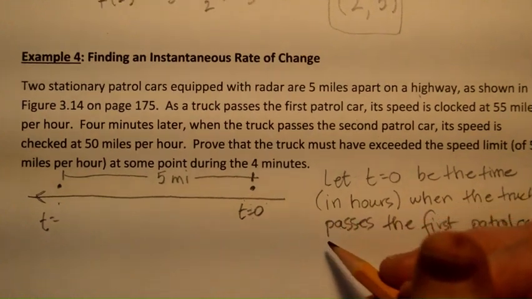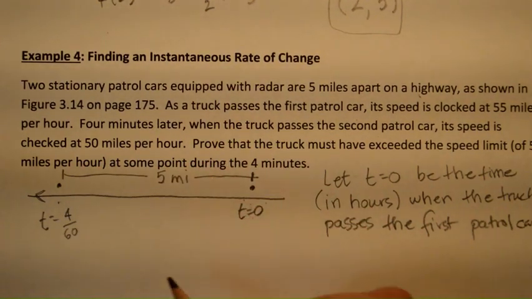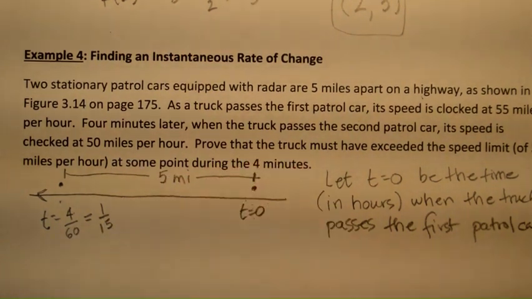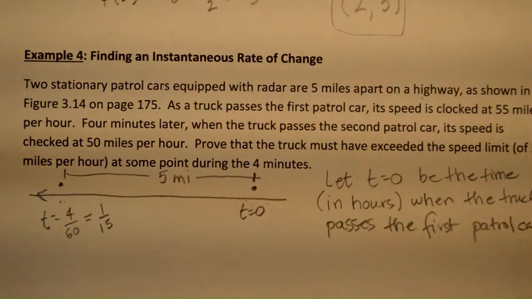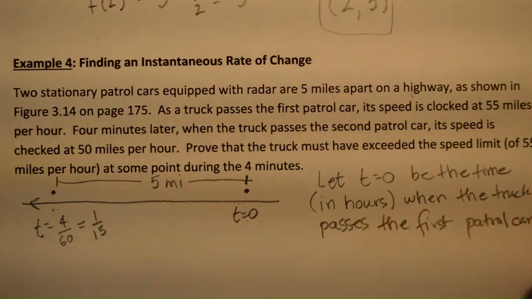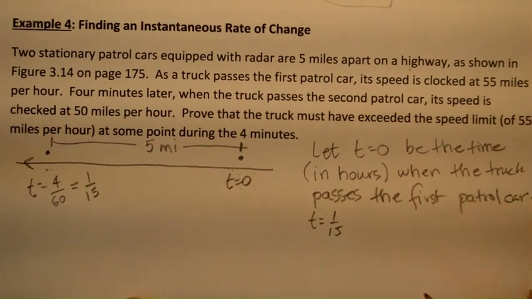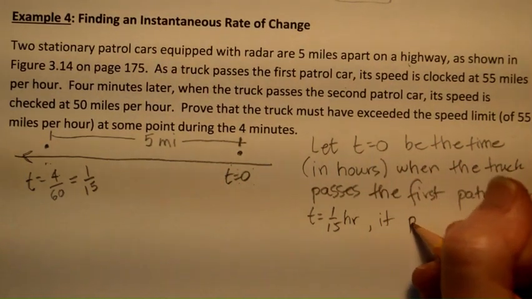We could say that it's 4/60ths of an hour, because it's 4 minutes out of 60 minutes, which is 1/15 of an hour, right? So t equals 0 here, and at t equals 1/15 of an hour, it passes the second patrol car.